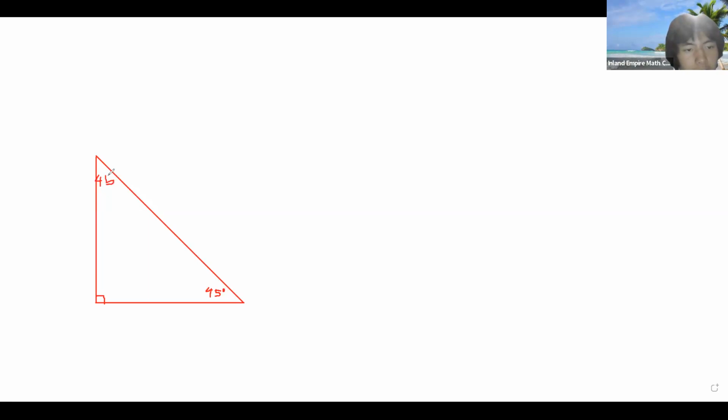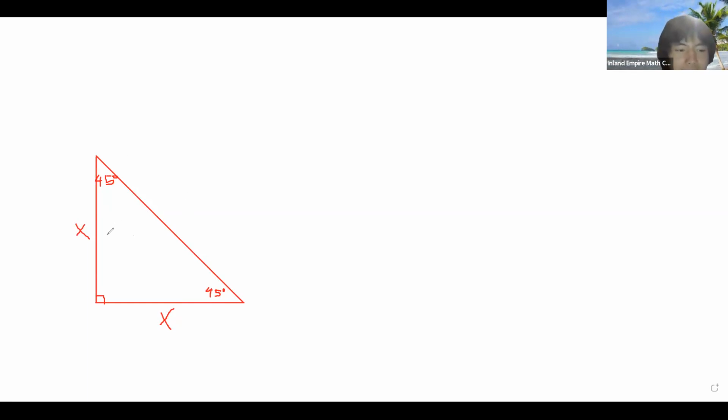Moreover, 45, 45, 90 triangles have a really special side relationship. If the side length of this here is x and this here is x, you'll notice they're identical because it is an isosceles right triangle, with two side lengths that are exactly the same.